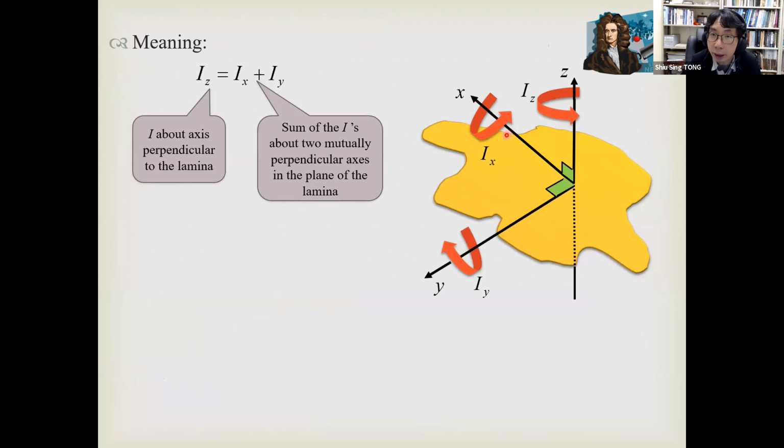The object can be rotated about the x-axis, which lies on the plane, or about the y-axis, which also lies on the plane, but in the perpendicular direction. But you can also rotate about an axis that is perpendicular to the plane, right? And the three moments of inertia are related this way. The perpendicular axis moment of inertia is equal to the sum of the two moments of inertia about axes which lie on the plane. Okay, so that is the idea.